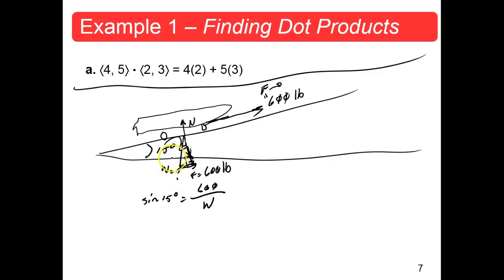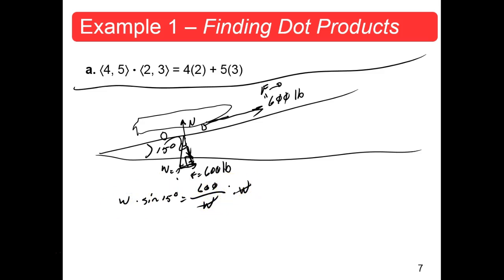Which means, what? We're looking for W. There it is. Okay. What can you do to get W? Yeah, multiply both sides of the equation by W, get it out of the denominator, okay?